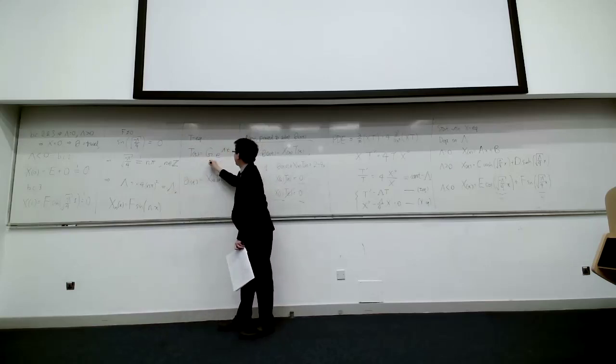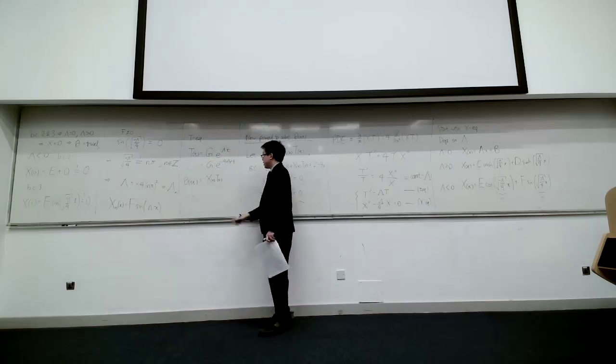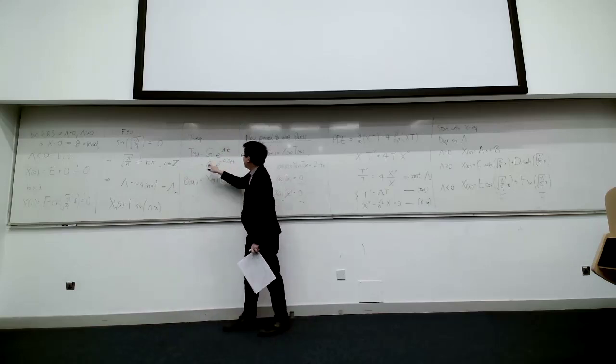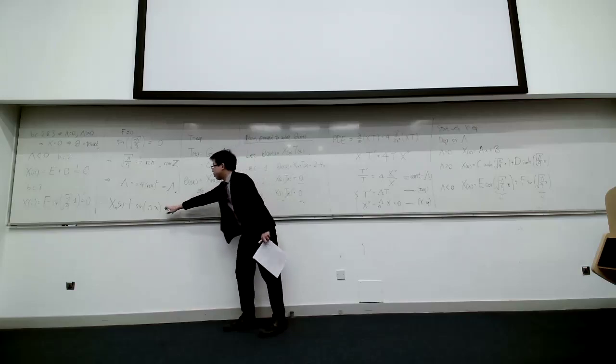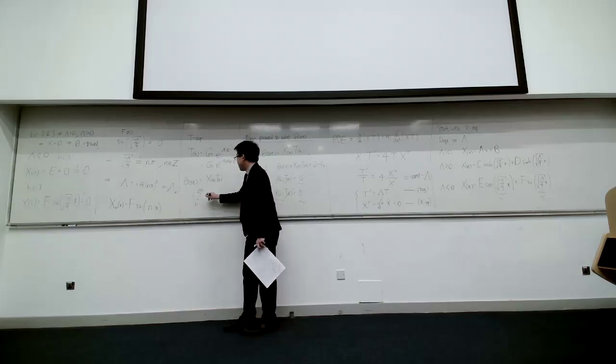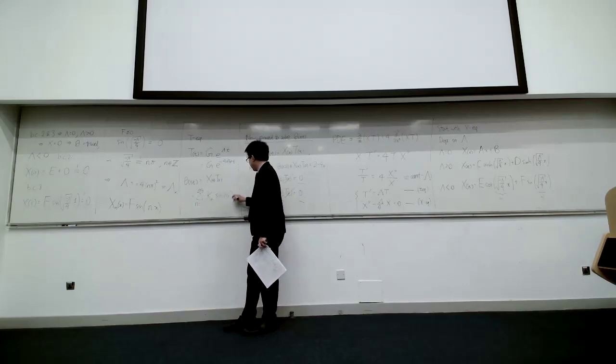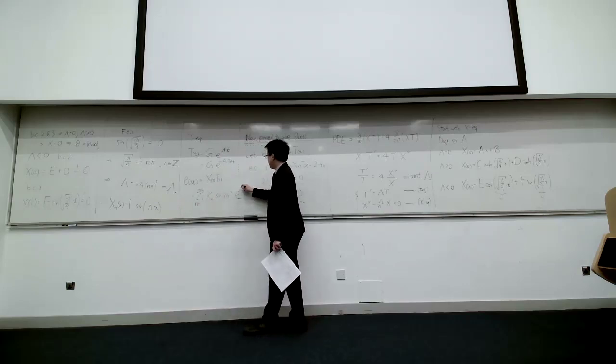So technically this lambda is minus 4 n squared pi squared t if you want. Okay, so now you can piece it together. There are a lot of solutions depending on what your n is. So we can sum either from 0 or 1, but 0 would just disappear. And you have basically some constant times sine n pi x times e to the minus 4 n squared pi squared t.